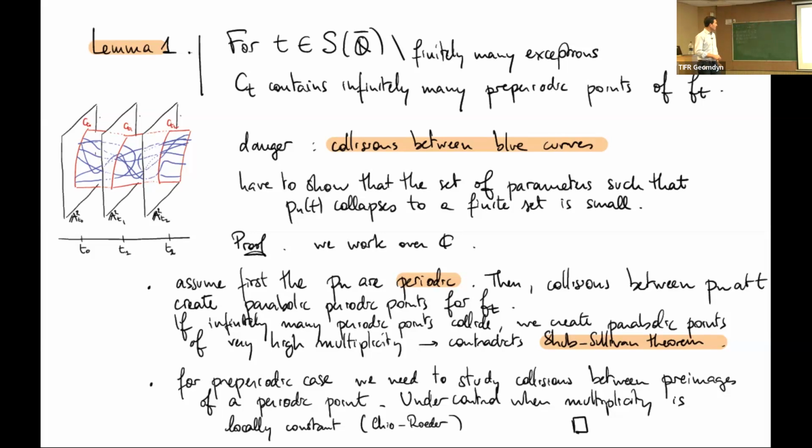These collisions are associated to changes of multiplicities for super attractive points. Here we are talking about super attractive points in A2, so it can happen. But it can only happen at finitely many points. So when I say that outside finitely many exceptions, you don't have this infinite collision. Now we are happy. We know that we can apply the first part of the proof for almost all algebraic points.